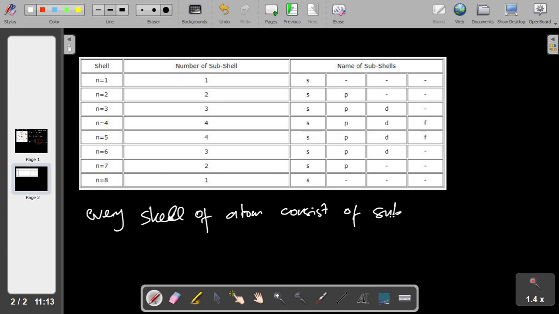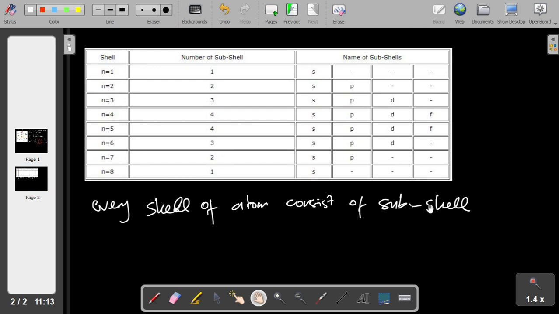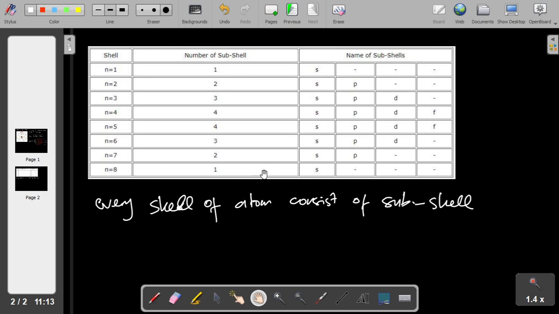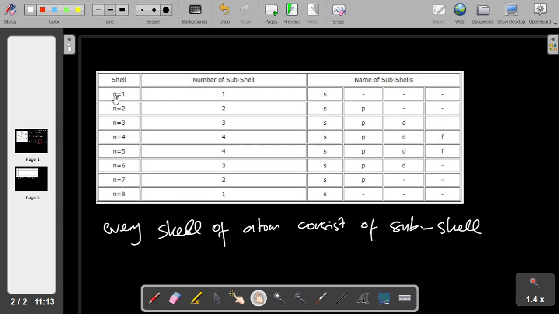Not all shells have one subshell, and not all shells have 4 subshells. This is also a rule. Shell number 1 only has one subshell, which is s. Shell number 2 has only 2 subshells, s and p.